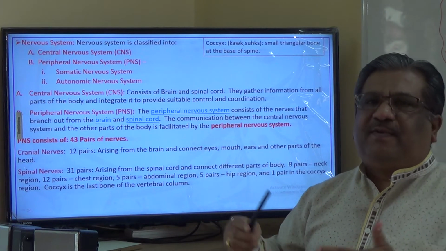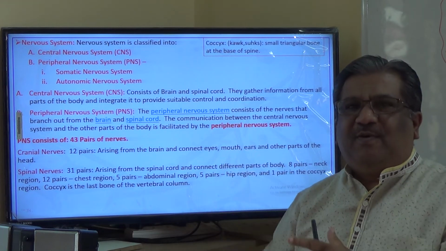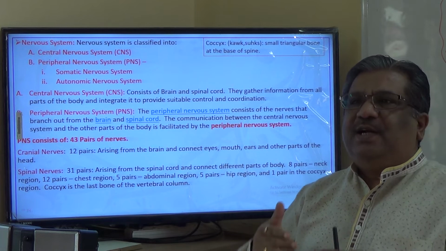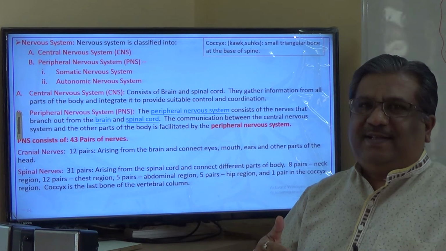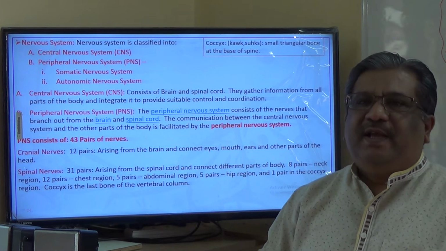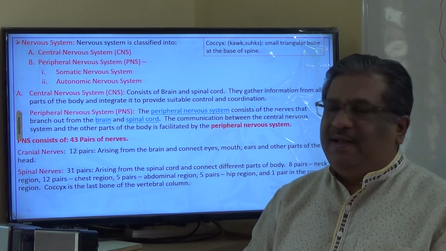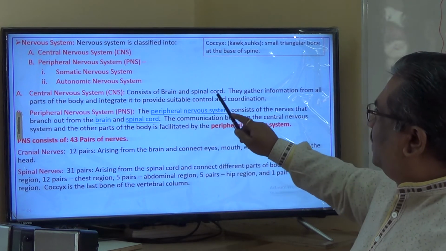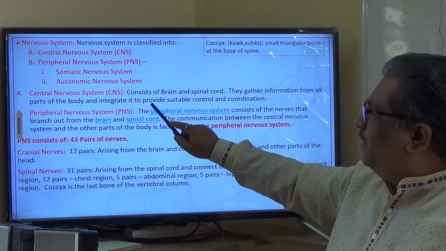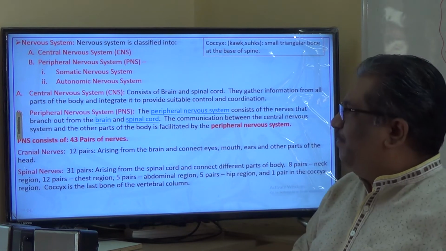Gathering of the information from different parts of the body, integrate the information, think over, and then take a suitable action, which means to establish the control and coordination, isn't it? So central nervous part plays a very important role in establishing the control and coordination between different parts of the body. So it consists of brain and spinal cord. They gather information from all parts of the body and integrate to provide suitable control and coordination. That is the main function of the central nervous system.